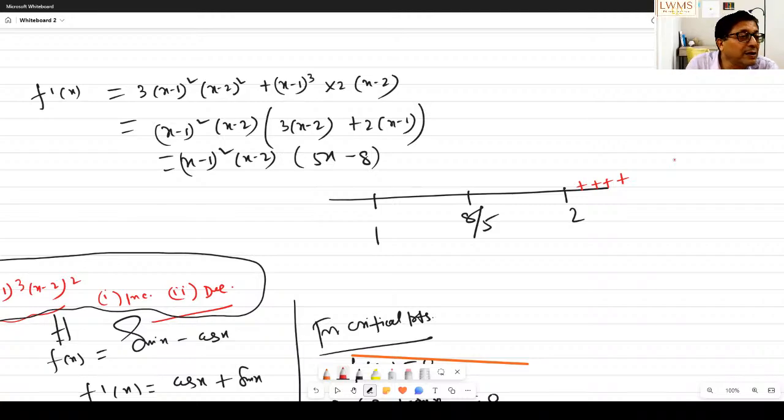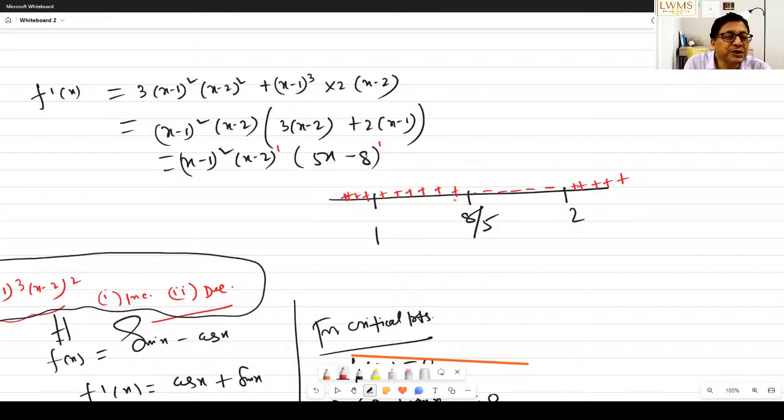Then we start our evening walk from the right hand side. We observe the point 2 is there. What is 2's index? 1. So change the sign. Then the point 8 by 5. What's the index? 1. So again change the sign. For this one, the sign will not change because it has even index.